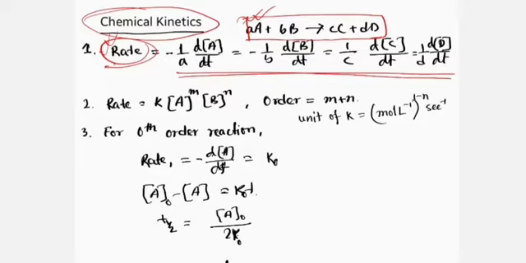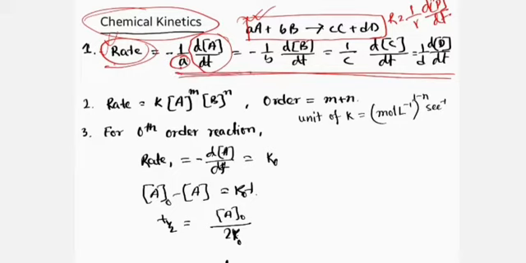1 by a into d of A by d of t, and that is basically the decrease of A with respect to time. Now this a is the stoichiometric coefficient, so the formula becomes: rate equals 1 by the stoichiometric coefficient of that particular component, into d of that component divided by d of t, that is, with respect to time, right?